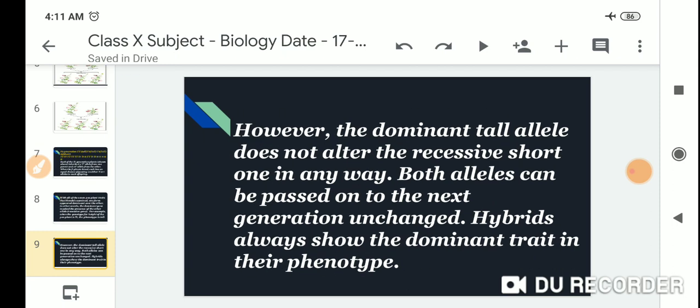However, the dominant tall allele does not alter the recessive short one in any way, so both alleles can be passed on to the next generation unchanged. Hybrid alleles show the dominant traits in their phenotypes.